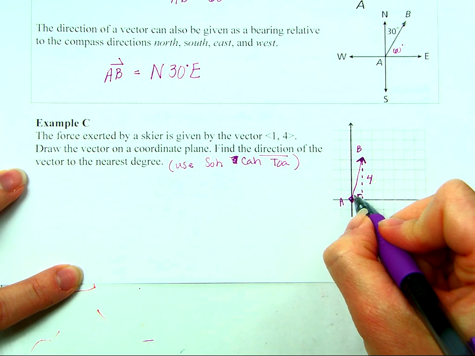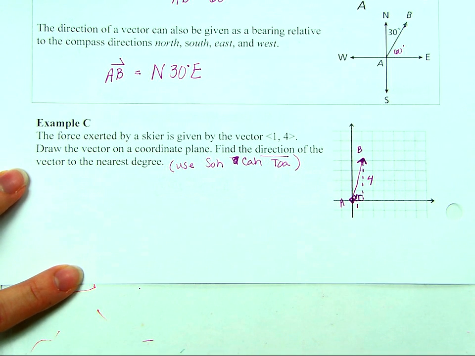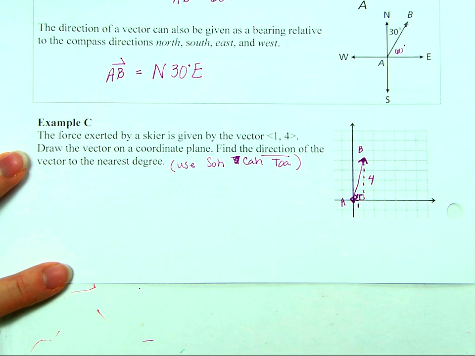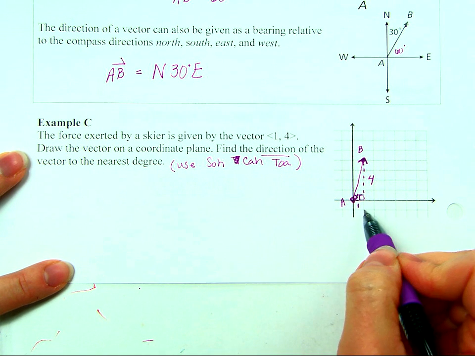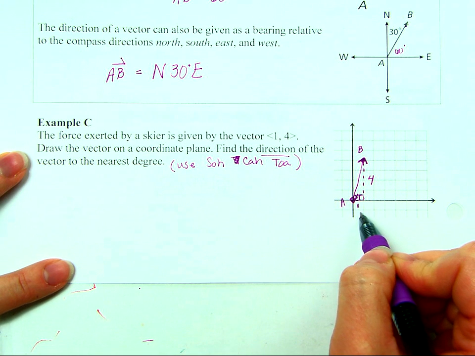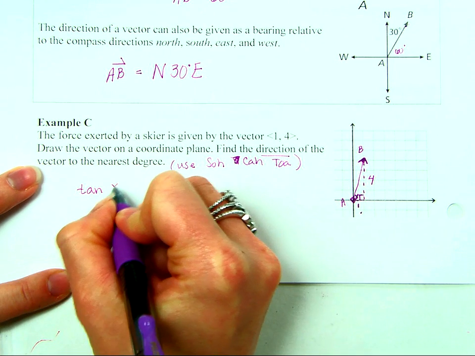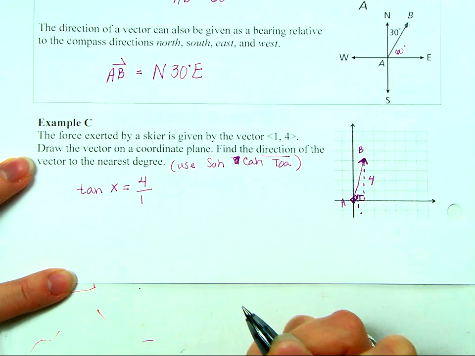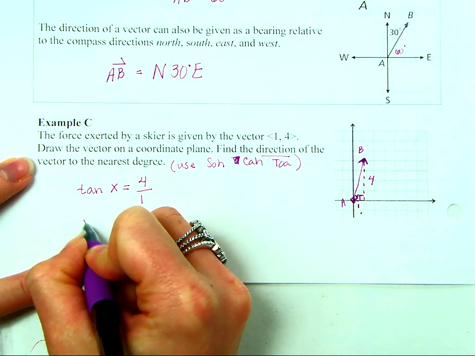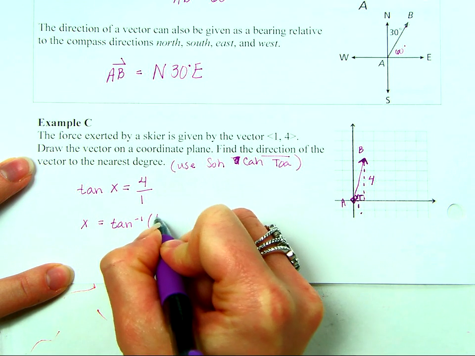We really are wanting to find my angle in there, my angle x. It's a little hard to see, it's a little squished together, but hopefully my writing is okay. Here I can see I have the opposite side and the adjacent side. I need my angle. I could set it up as so: the tangent of x would be equal to opposite over adjacent. Therefore, our angle would be the inverse tangent of 4 over 1.